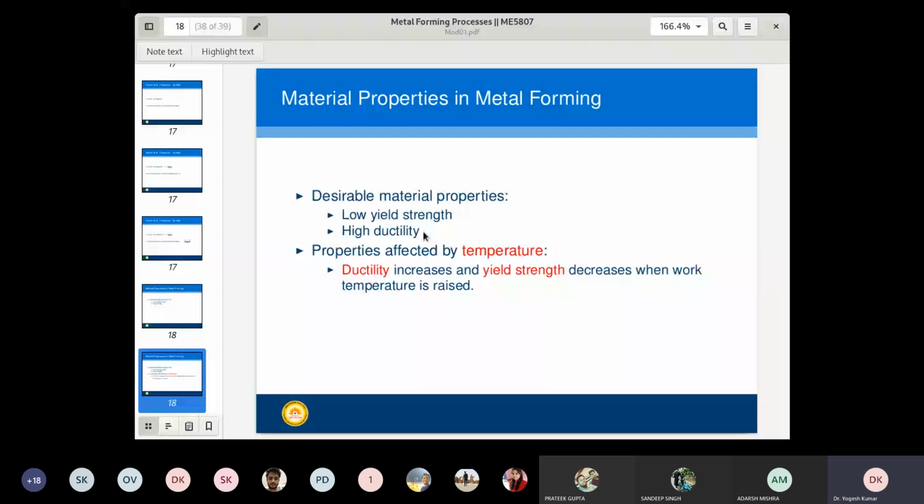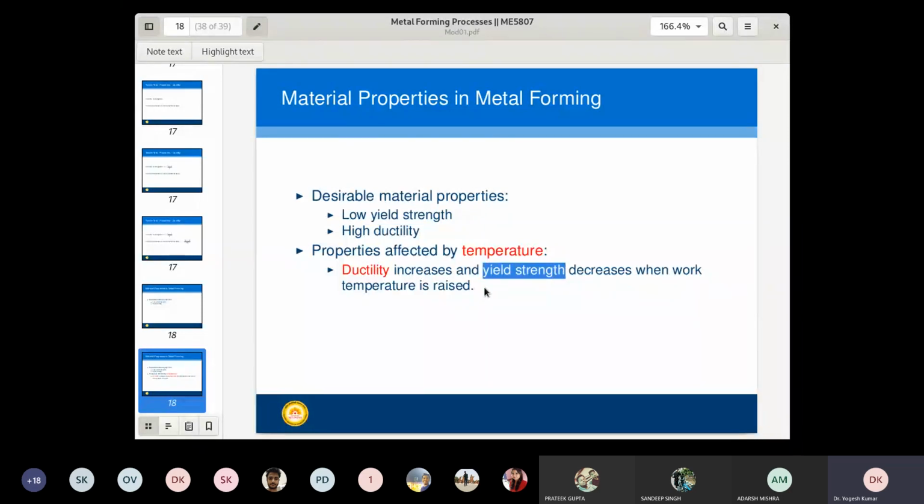These properties are sometimes affected by temperature. Since time is running, I will wrap up in only one or two minutes. Let me conclude. These properties are affected by temperature. Ductility increases with temperature, and your yield strength, that is your yield point, decreases when we increase the temperature.